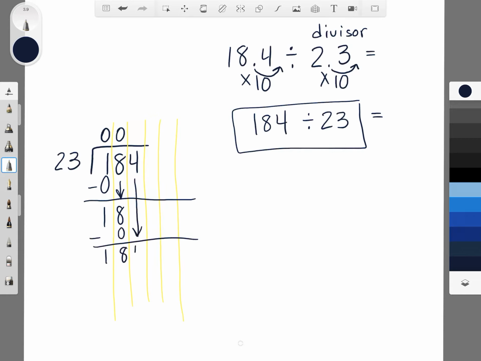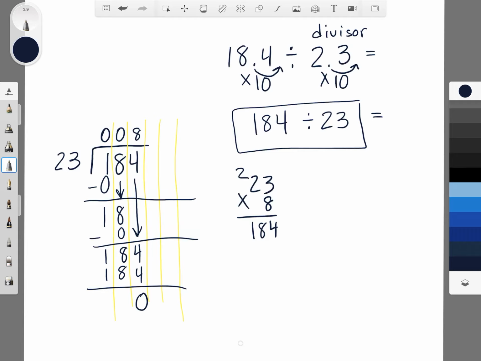Subtract it, bring down the 4. And 23 goes into 184. Actually, I think it's going to go in 8 times. Let's try it and see. And that will go in exactly 8 times. And we have no remainder.